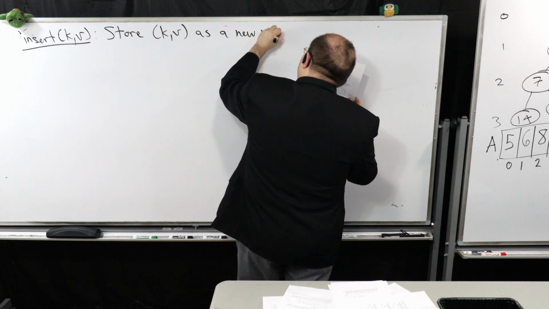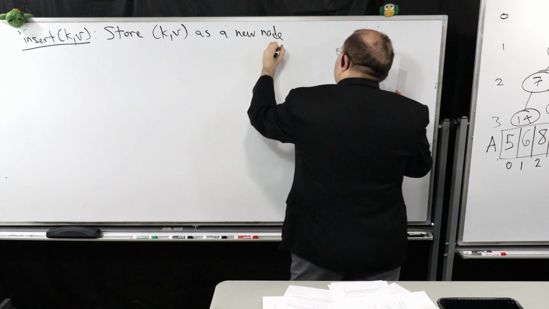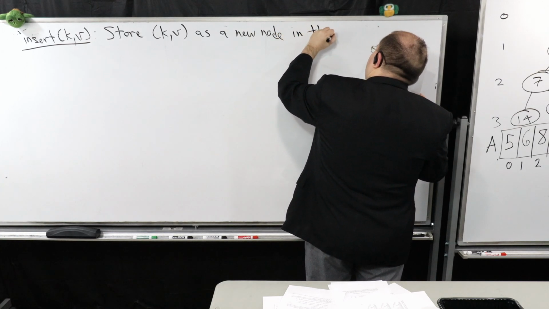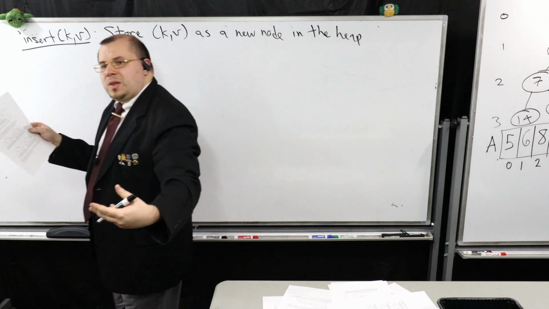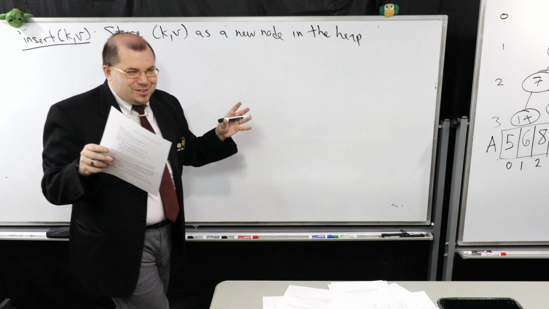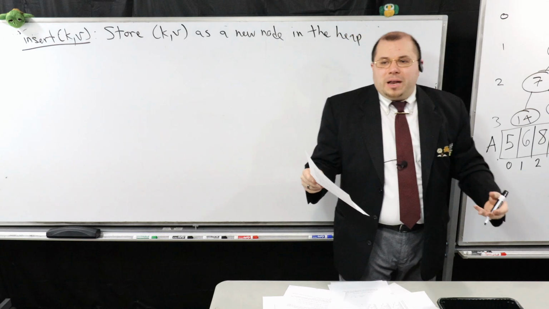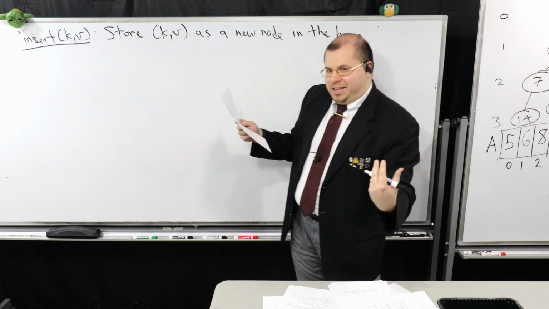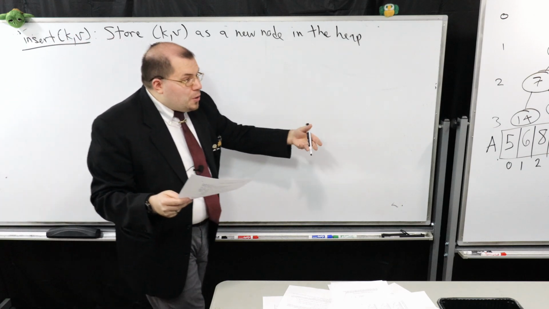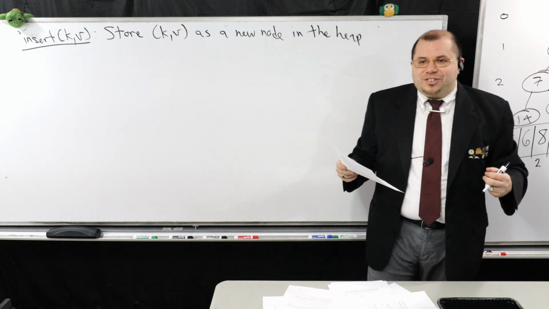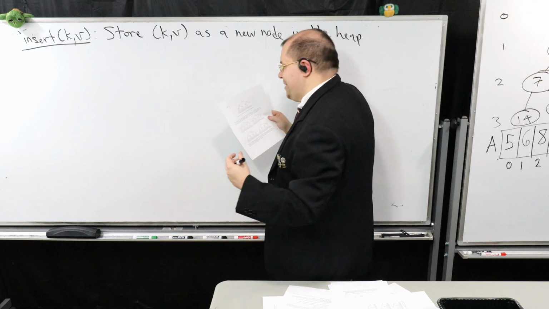So we're going to make a new node for this in the heap. Now you're going to notice I'm going to phrase this as if it was a tree. Just be aware that I'm trying to describe it like it's a tree, but it's very natural to talk about it as the array. That's why you'll notice I'm using position and node as synonyms. This is very deliberate.